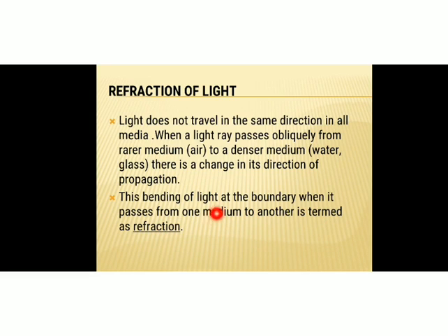And it is important that it occurs only when the light ray passes obliquely from one medium to another medium. Whenever the light is incident on a medium in a normal way, the bending of the light ray is not observed. The light ray passes to the second medium without any deviation.